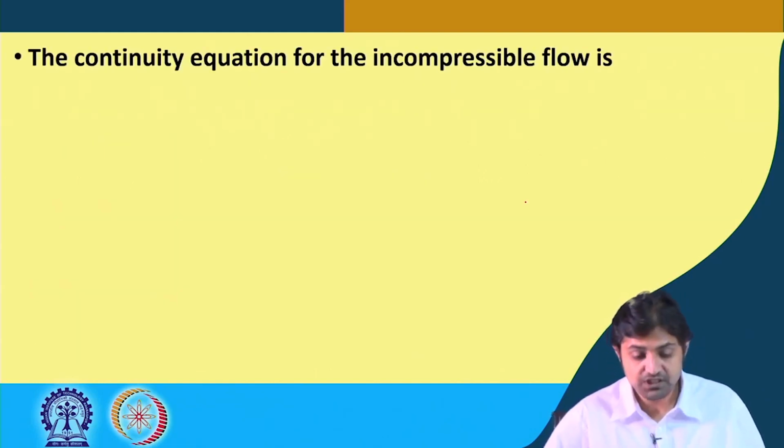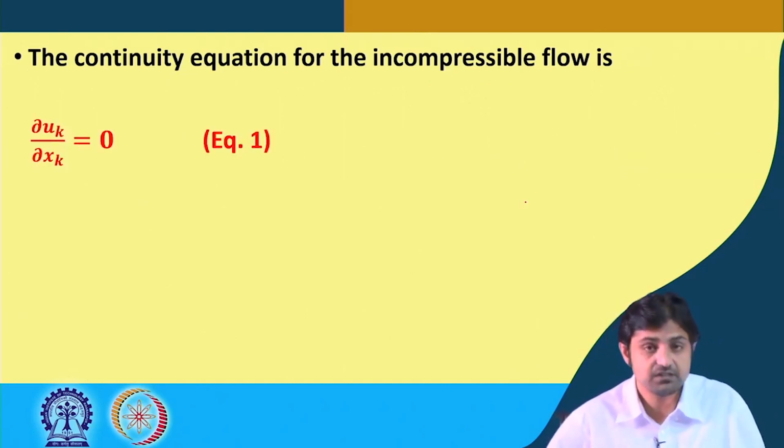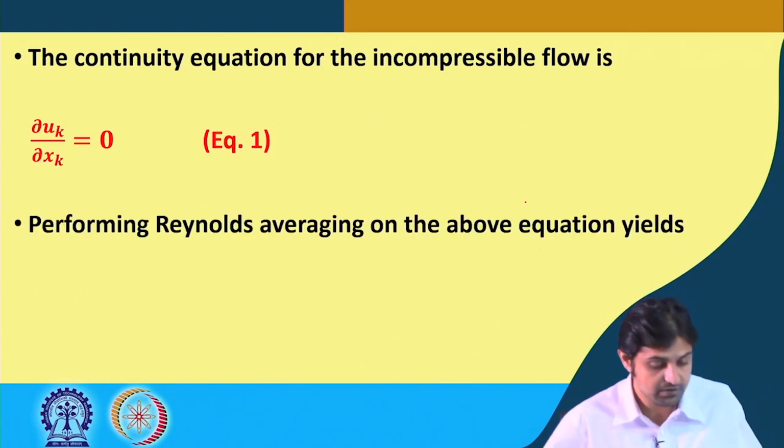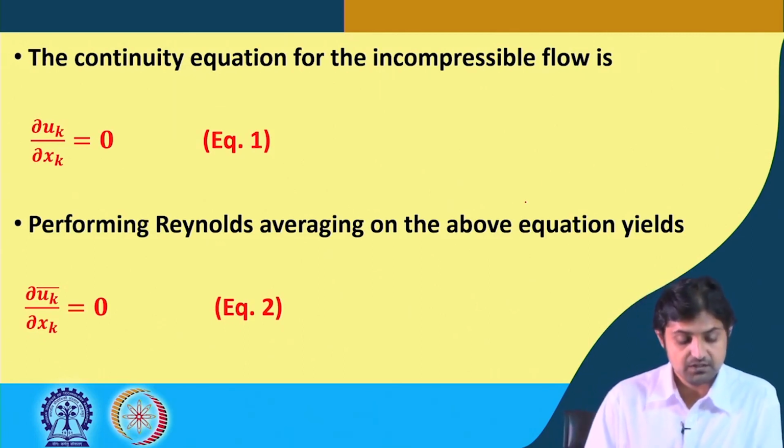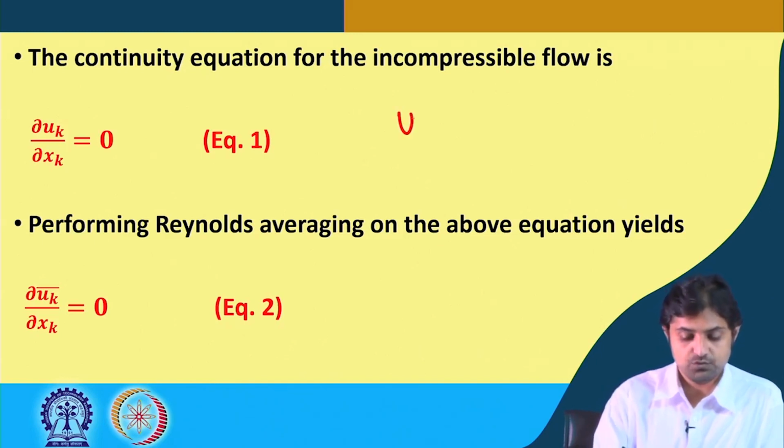So the continuity equation for the incompressible flow is this: del uk by del xk is equal to 0, right? And if we perform the Reynolds averaging on the above equation, it is going to yield one equation, that is del uk bar by del xk is equal to 0, right? You don't have just uk, you can write uk bar plus uk prime.